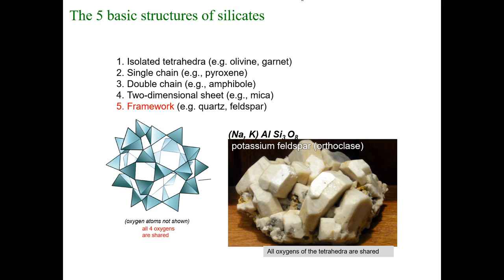So that's how those different silicate classes work. You'll notice how many oxygens are shared among the different tetrahedra. You'll notice there's an increase in interconnectedness as you go from isolated tetrahedra, the olivine types, to the pyroxene types, to the amphibole types, to the mica types, to the quartz and feldspar types.